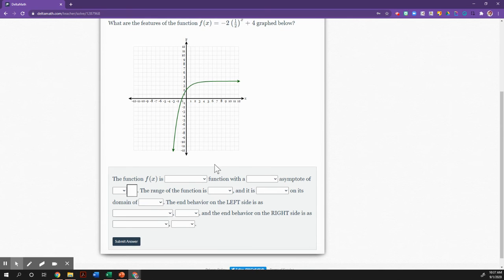All right, so let's start with our first question. It's an exponential, because I've told you to skip all the logarithms, with a horizontal asymptote.